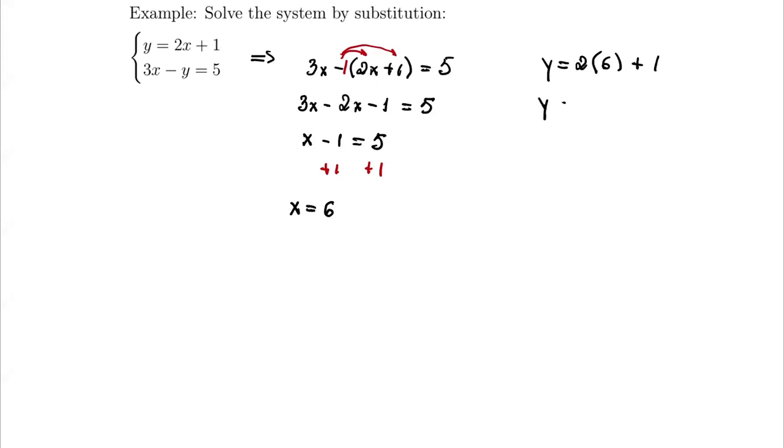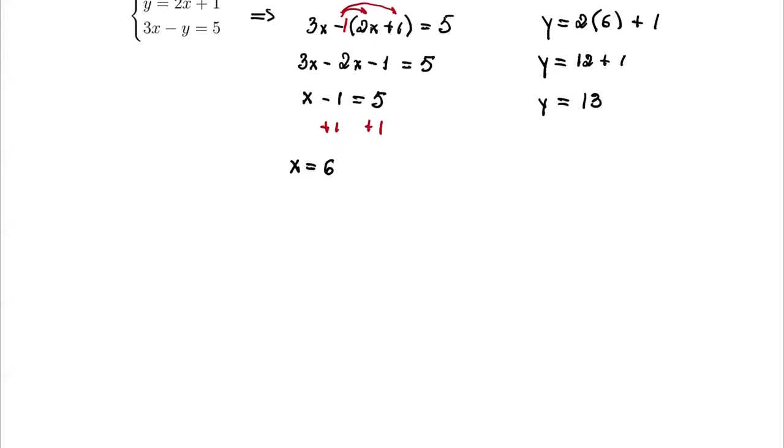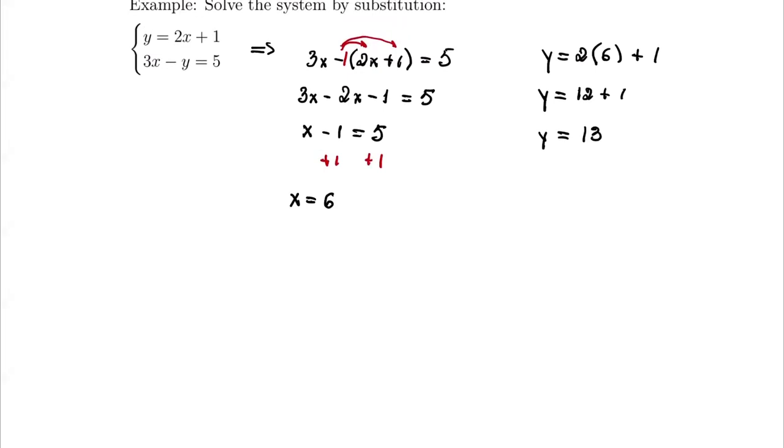That turns to be 12 + 1, which is y = 13. So the solution of this system is written as an ordered pair, where the first value is the value of x, which is 6, and the second value is the value of y. It's 13.